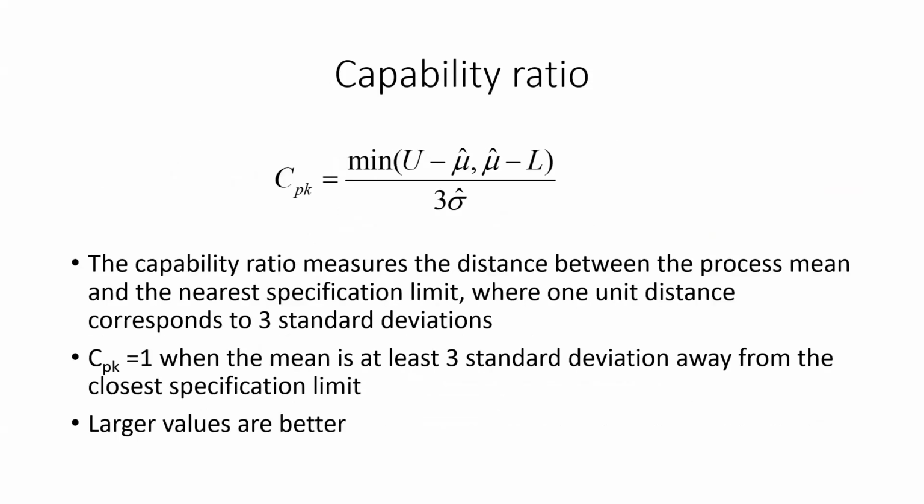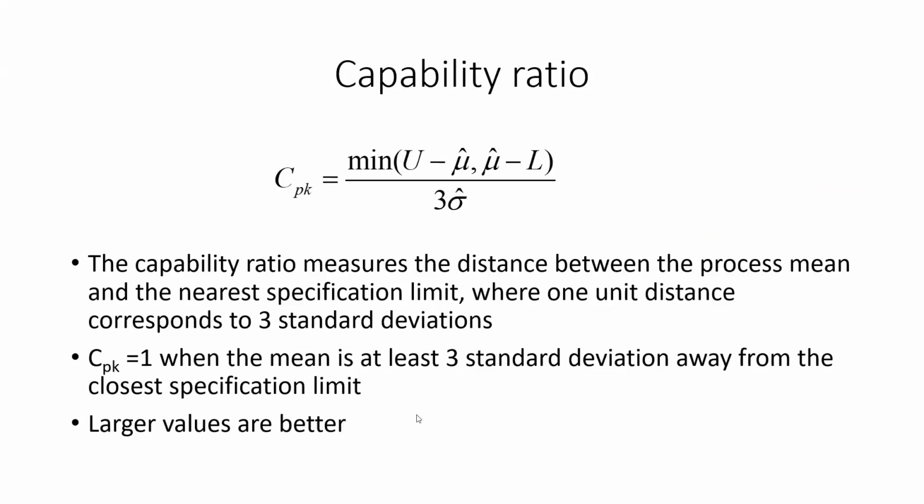All right, what does this measure? It measures the distance between the process mean and the nearest specification limit. And it's the nearest because we're looking at the minimum up here. And the distance is measured in units of 3 standard deviations. So a distance of 1 means I'm 3 standard deviations away.